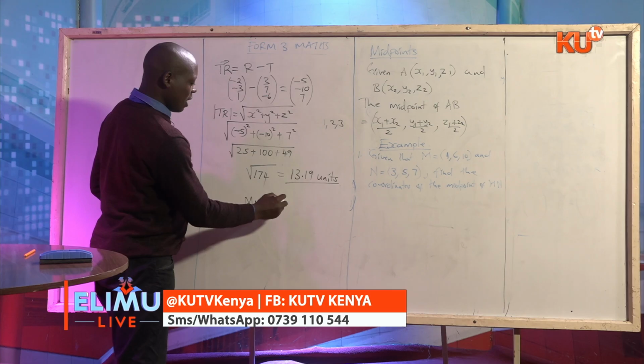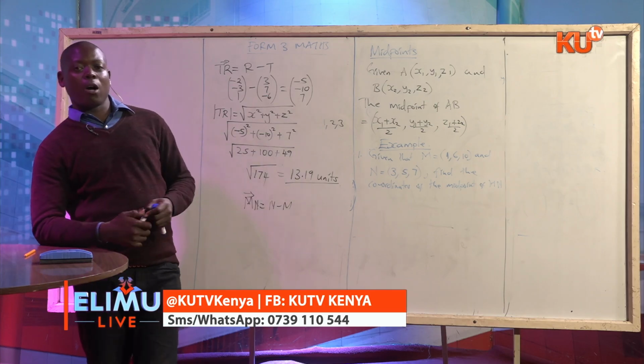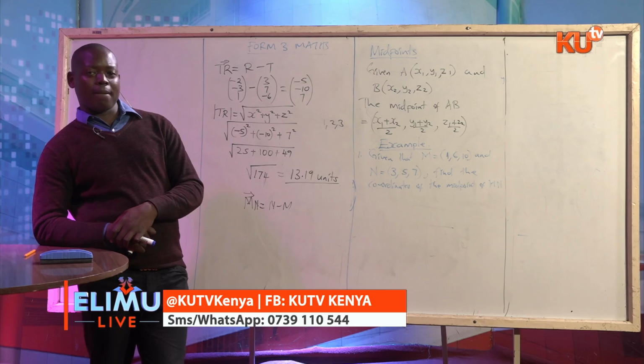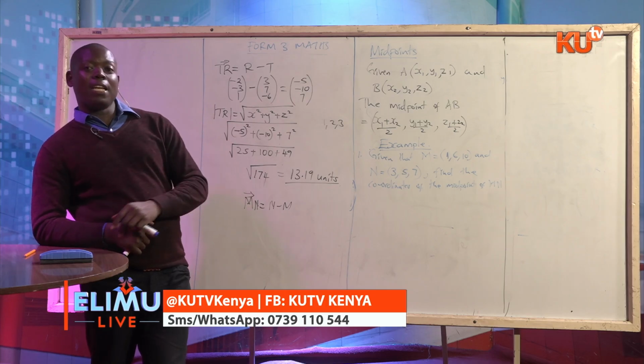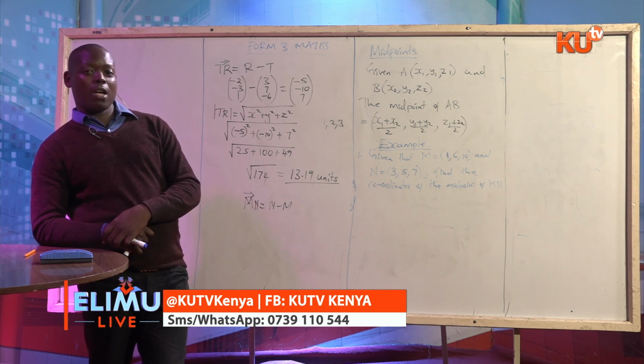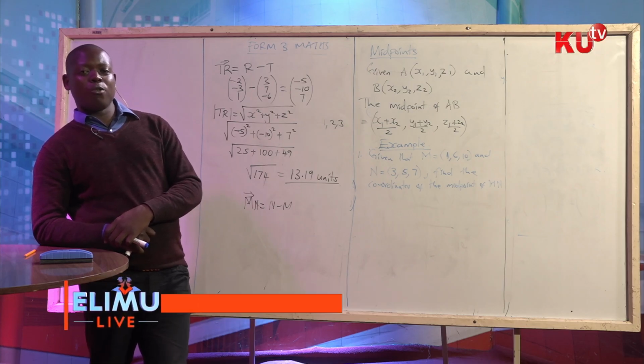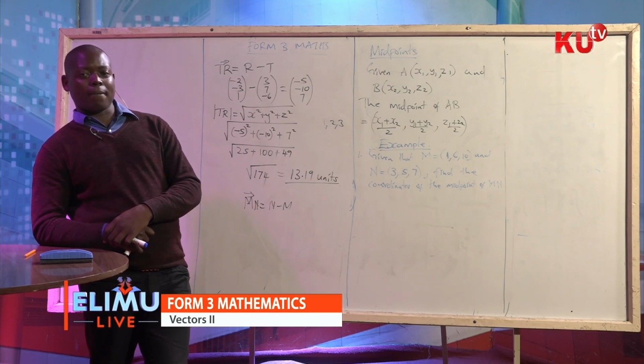N minus M. So you'll find a student rushing to this kind of a situation as a solution to that question, forgetting it is about the coordinates of the midpoint. So you need to be very careful as you analyze any particular question in mathematics. Know what the examiner is asking you to do and how you approach that particular question.